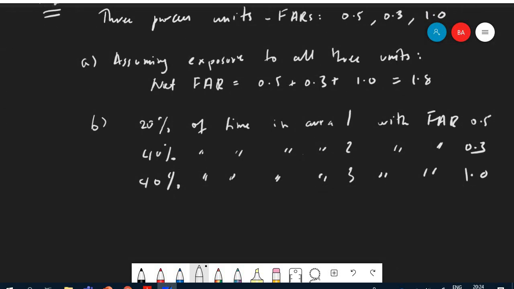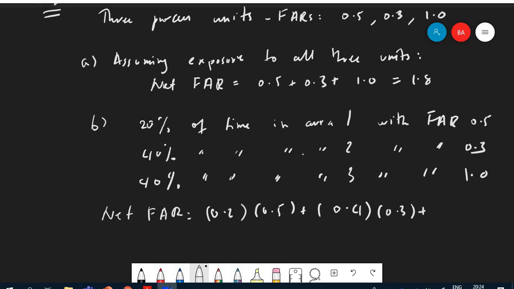So the answer will be simply the net FAR is equal to 0.2 into 0.5 plus 0.4 into 0.3 plus 0.4 multiplied by 1, and by that I'm going to get the solution, which is equal to 0.62.